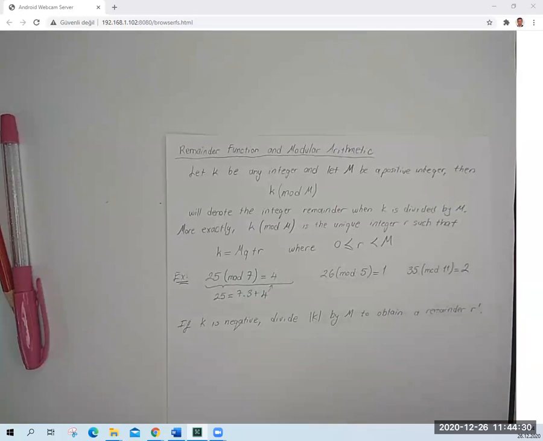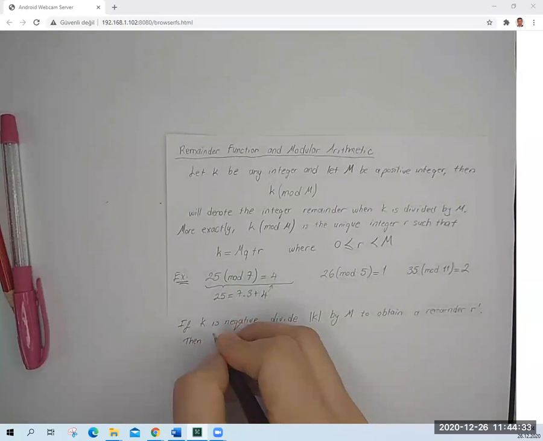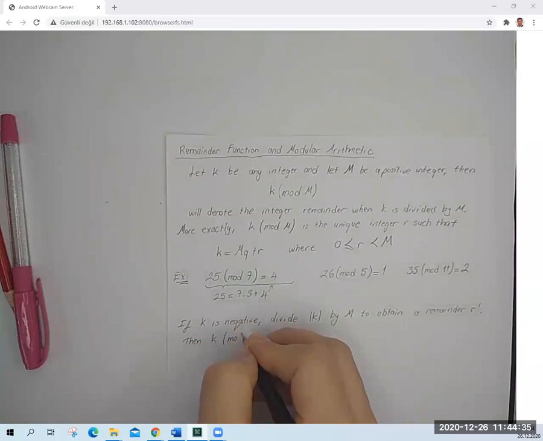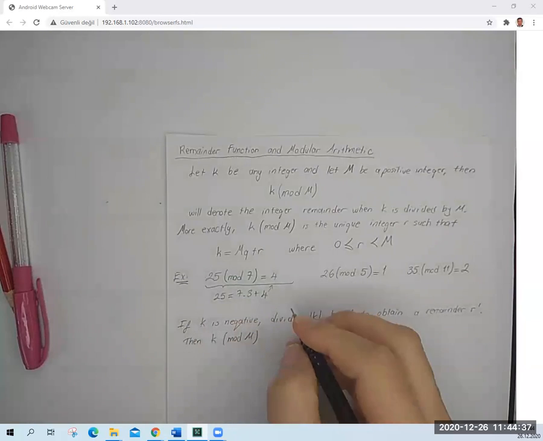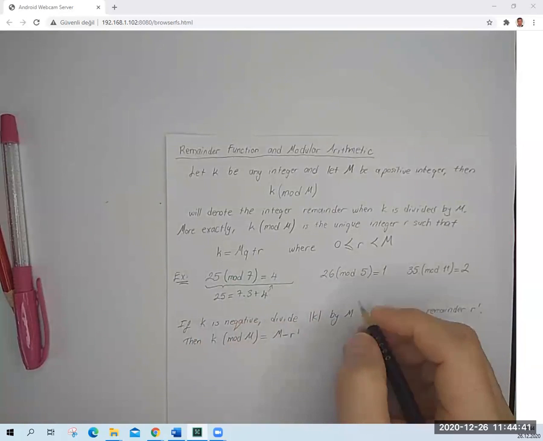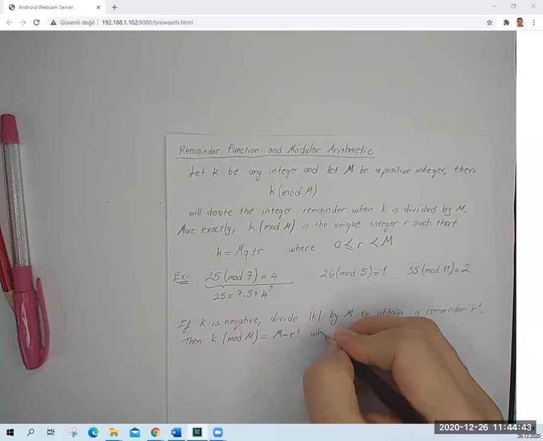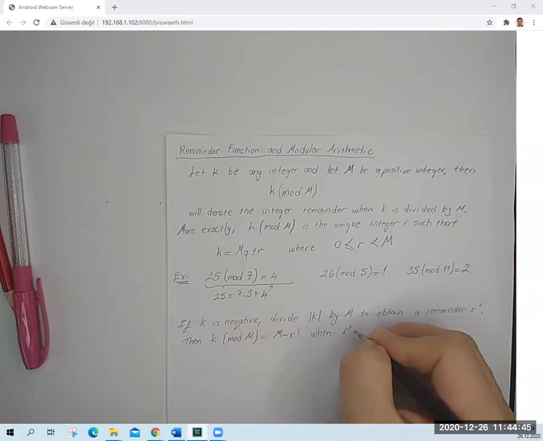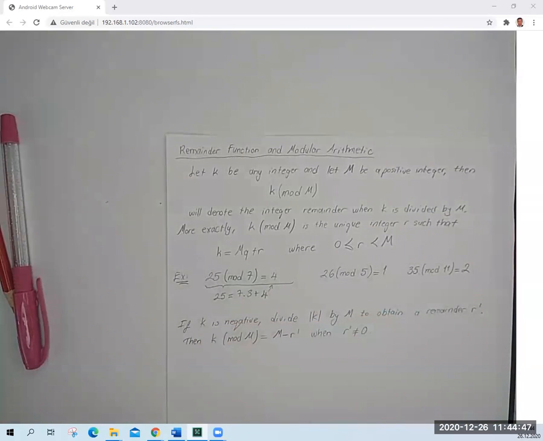Then k modulo m is equal to m minus r hat, when r hat is not equal to 0. Okay, let's write an example for that condition. If there is a negative k, what are we going to do? Let's think about that one.